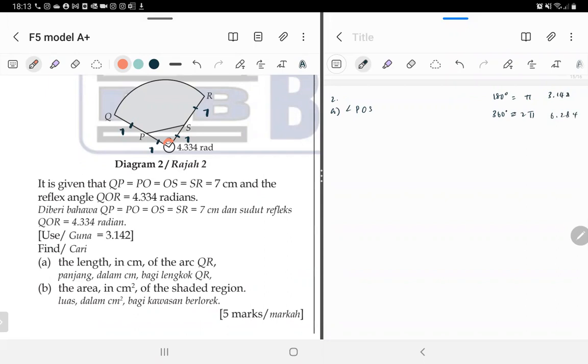Since the other side is 4.334, if you want to find the minor angle POS, you can take 2 pi, which is 6.284, minus 4.334.